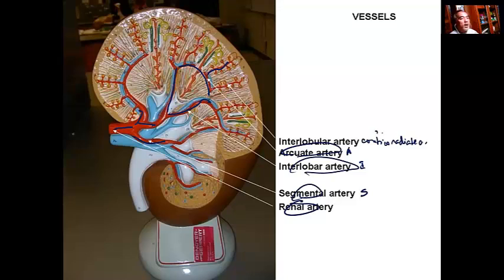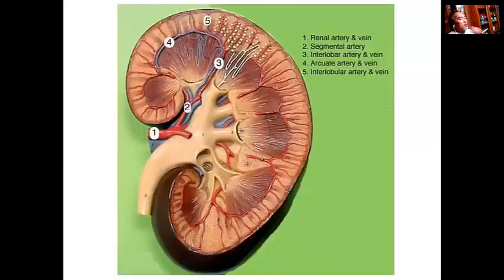We can see, right now, again, if you take a look at the vessels, the renal artery. Remember, the renal artery follows the renal vein, and all the arteries actually follow your veins also. Then the segmental artery. After segmental, we have interlobar, between the lobes. The lobes are actually called the renal pyramids.